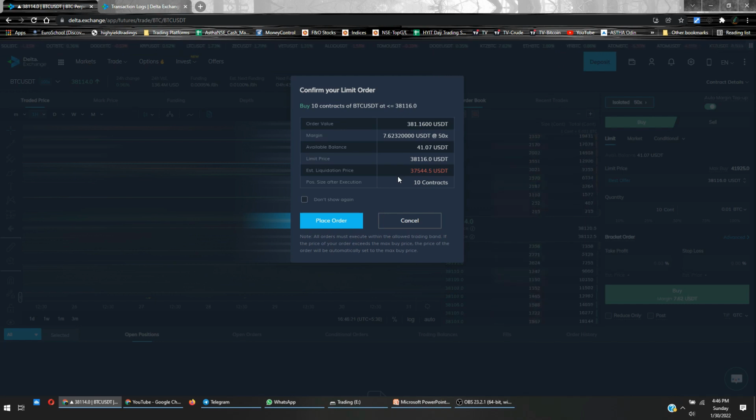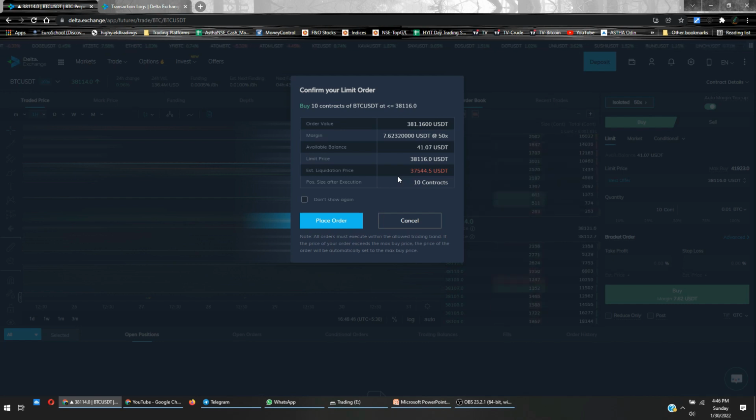If you want to understand it more, let's say you start trading with $50. You enter a leveraged long position in BTC USDT with 10x leverage, which means that your position size will be $500, because you're starting with $50 and taking a leverage of 10x.